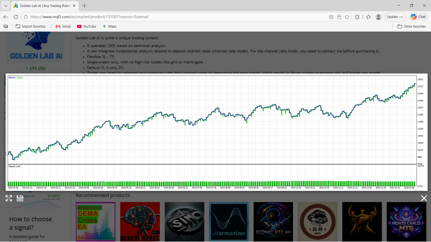But overall, it kept breaking and making higher highs, leading to the general upside movements. You can see we started over here and then we ended all the way over here, showing nice movements and possible nice gains.